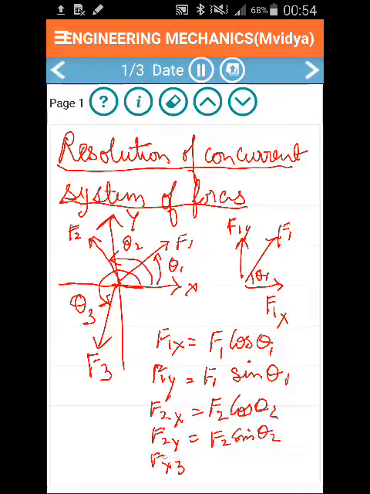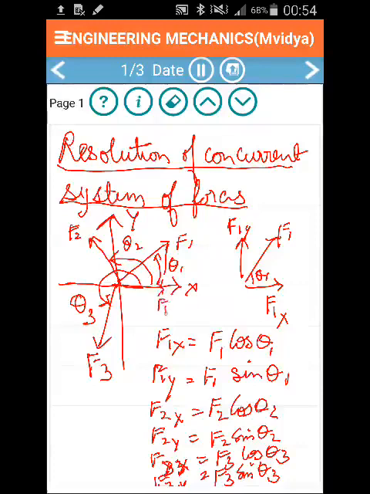My F3x is F3 cos θ3, and my F3y component is equal to F3 sin θ3. So this is my F1x, this is my F2x, it is in the opposite direction. Similarly, my F3x is over here.